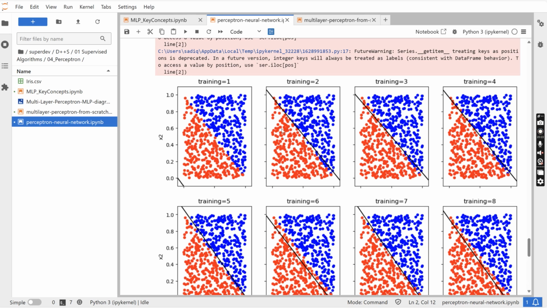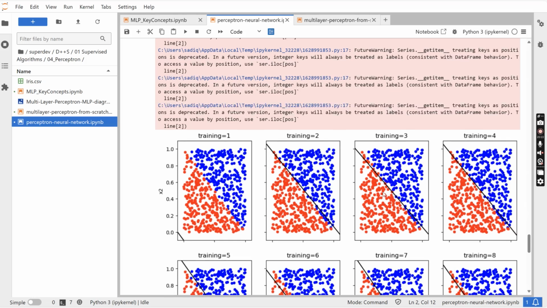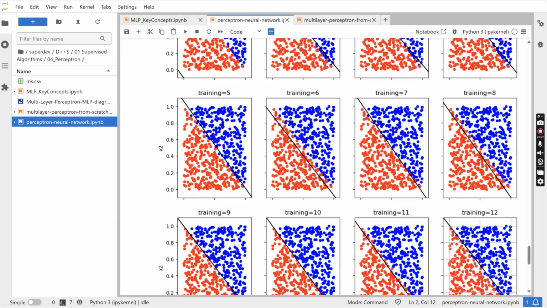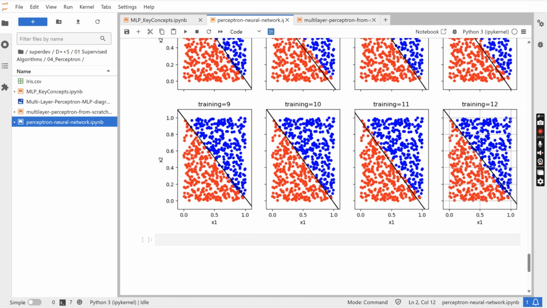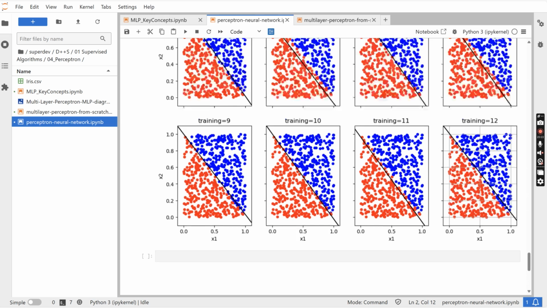In the second iteration itself, as you can see, it is able to segregate and do its job well. For the third it has done it here, fourth, fifth, sixth. In the sixth iteration it has slightly gone out of the error. This can happen in neural networks. Seventh, eighth, ninth, tenth. Finally at the 12th stage it has come up with a proper decision boundary.